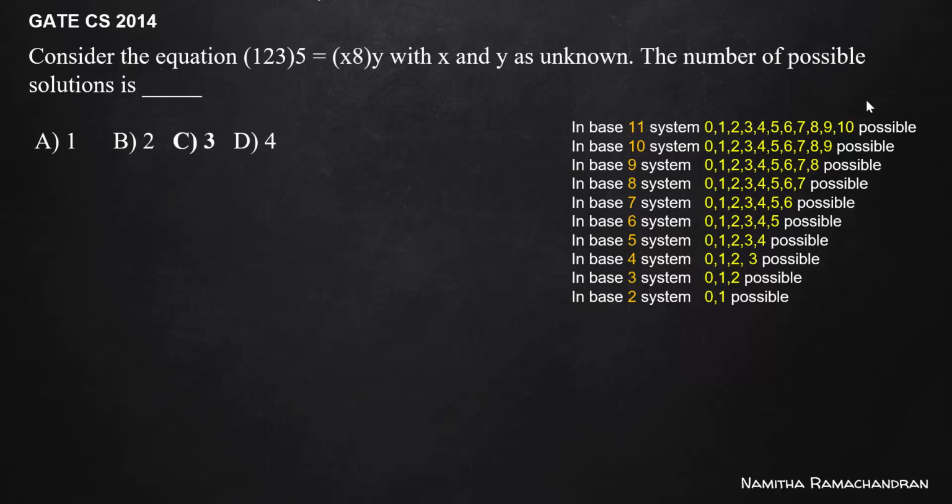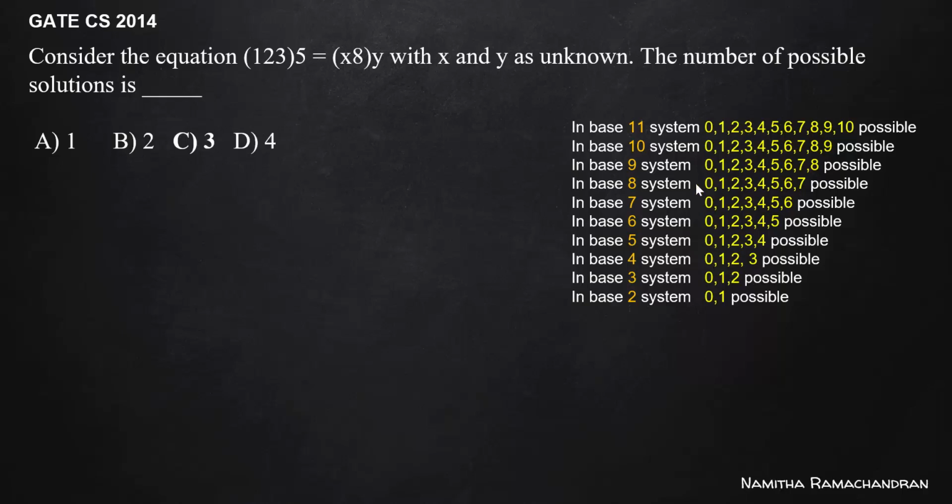And for solving this, we need to consider this pattern. In base 2 system, two different symbols we can use, they are 0 and 1. In base 3 system, we can use three different symbols or digits like 0, 1, 2. In base 4, we can use four different symbols: 0, 1, 2, 3.